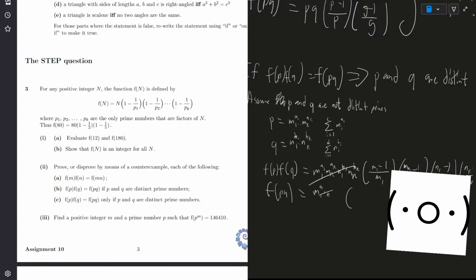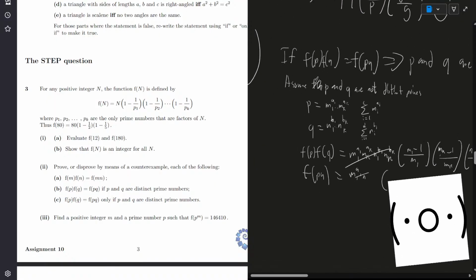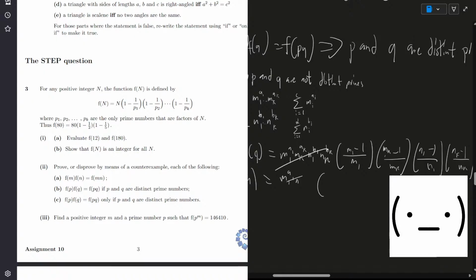Wait, what if we just counterexample it? What if this is actually false? I assumed it was true, but what if we could counterexample it? Let me think about it.